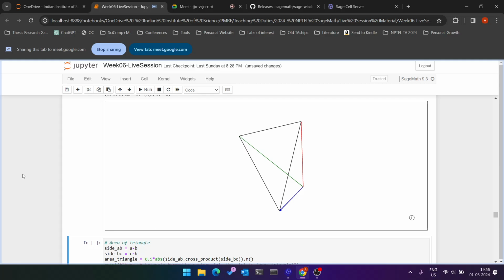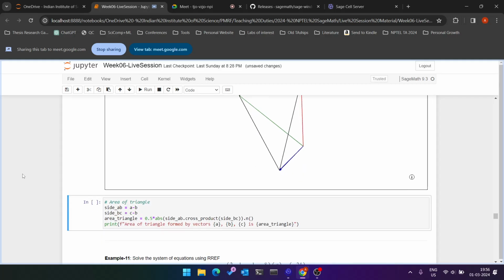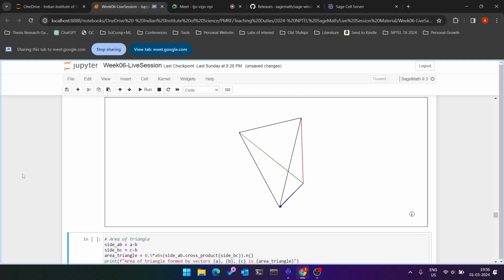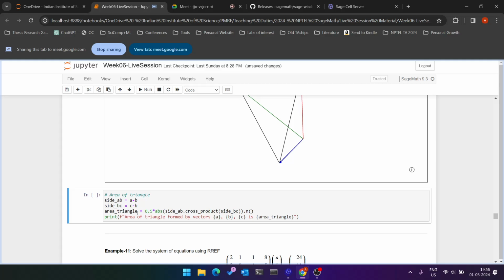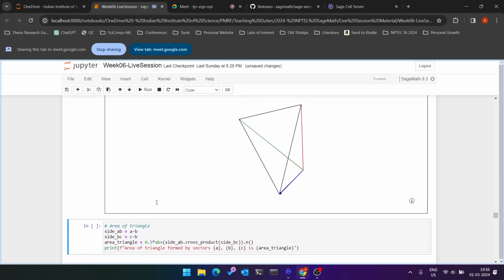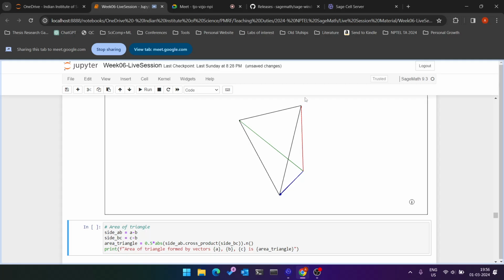ABC. To calculate its area, we'll be using the formula where we basically calculate the cross product between two adjacent sides of this triangle. That gives us the area of a parallelogram, and we then divide it by half to obtain the area of this triangle.